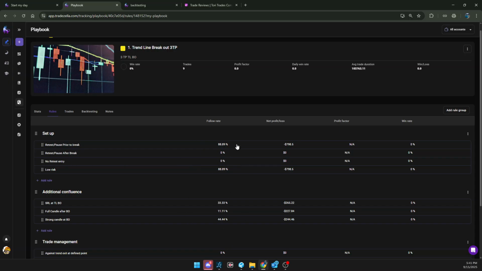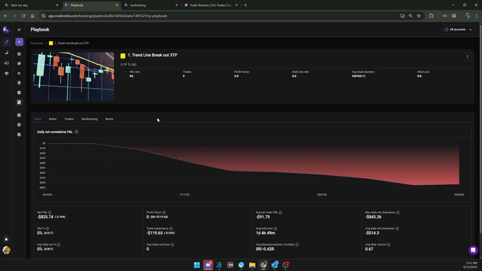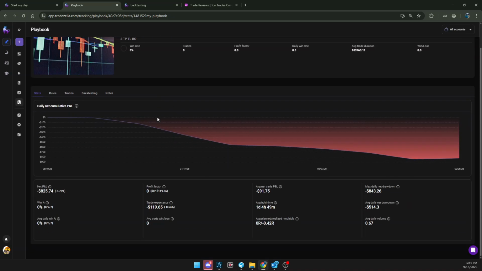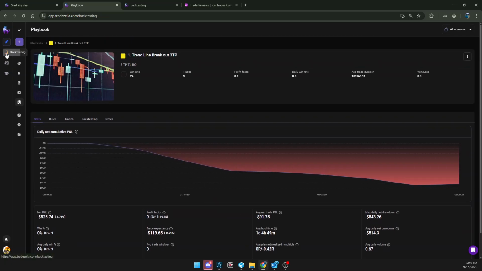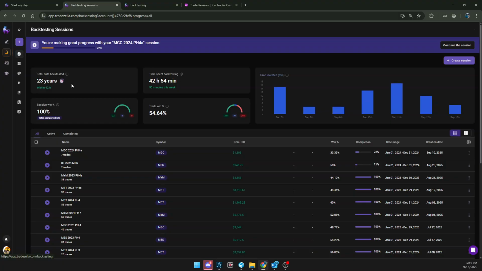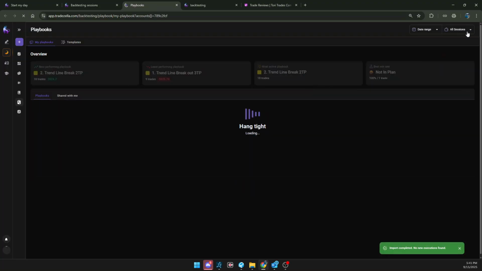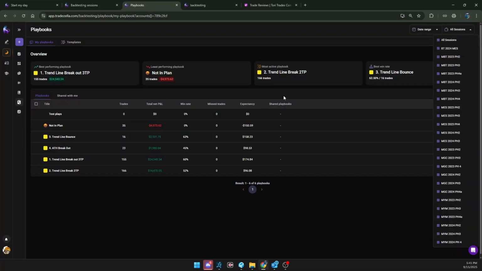And this is the beauty of TradeZella. You get to come back and check your stats on your playbooks. I prefer to see these stats off of my back testing.